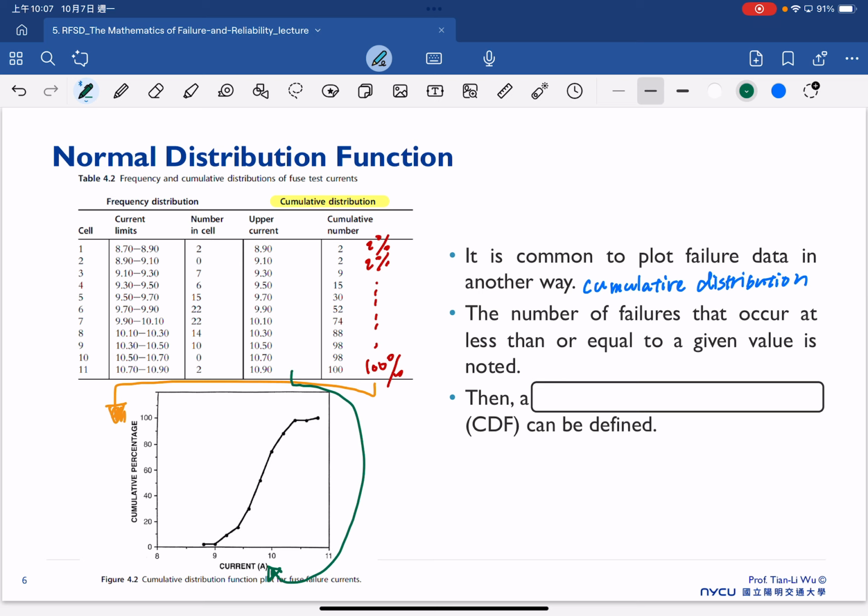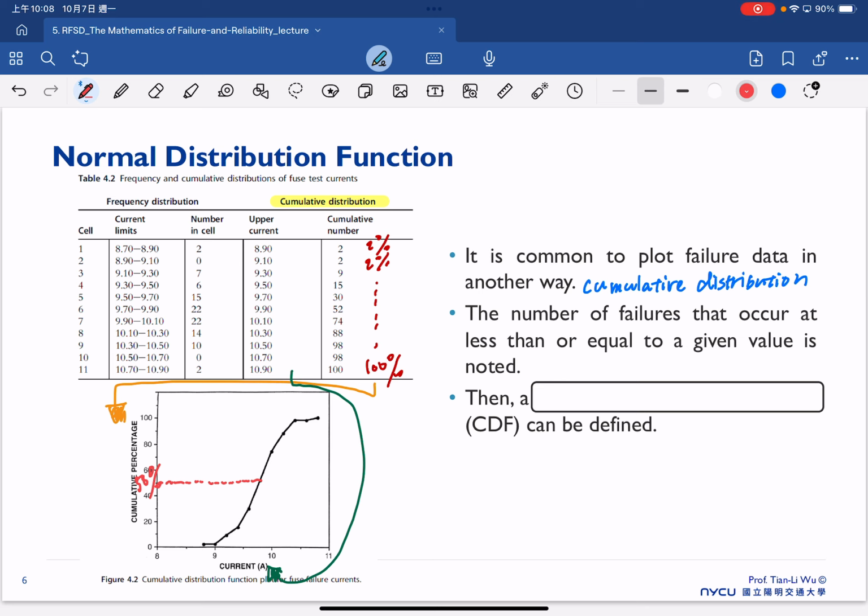on the x-axis. Now if you look at this plot, you will realize, for example, the point for 50%, this is the cumulative for 50%. That means if we test up to this current, 50% of the fuses have already failed.